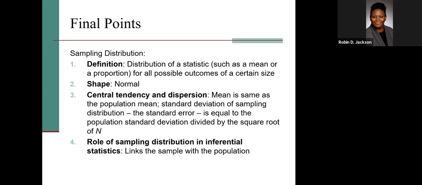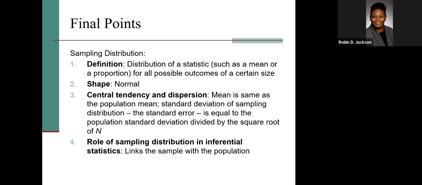So, knowing that the mean for a sampling distribution is the same as the population mean, whereas the standard deviation of a sampling distribution, what we call standard error, is equal to the population standard deviation divided by the square root of n. And remember that capital N is typically the number of your population, or whatever information they've given you in the problem.